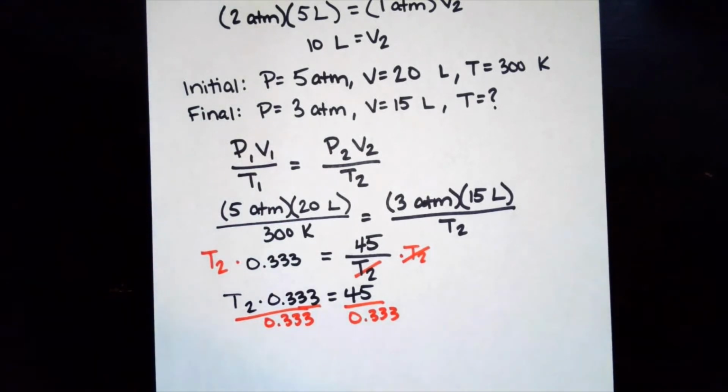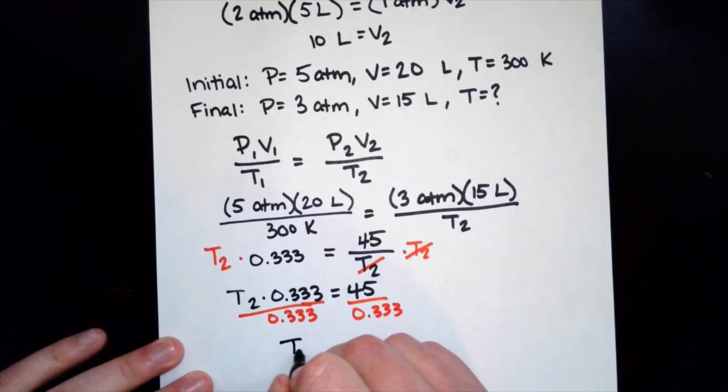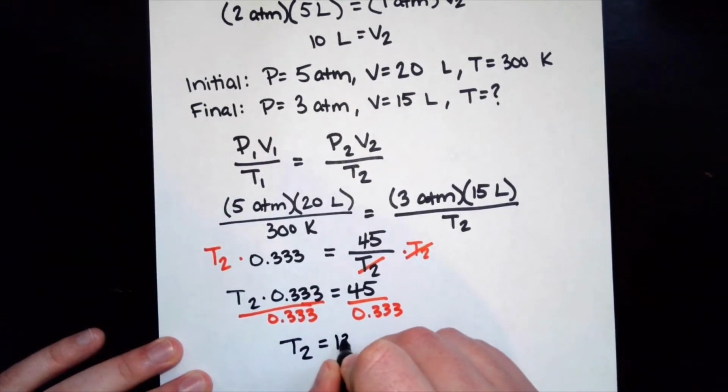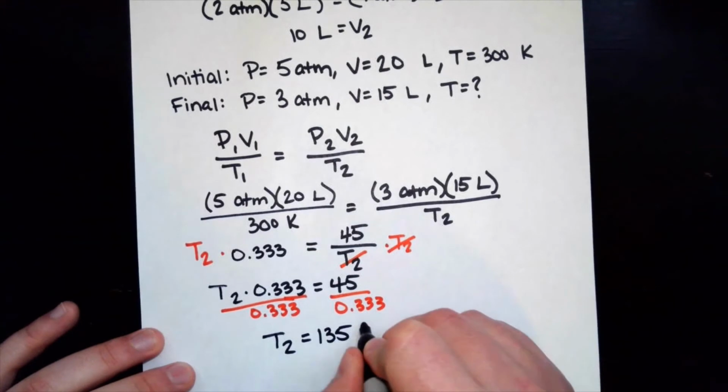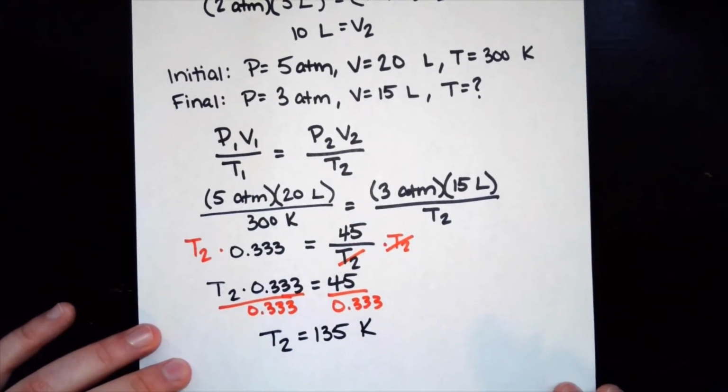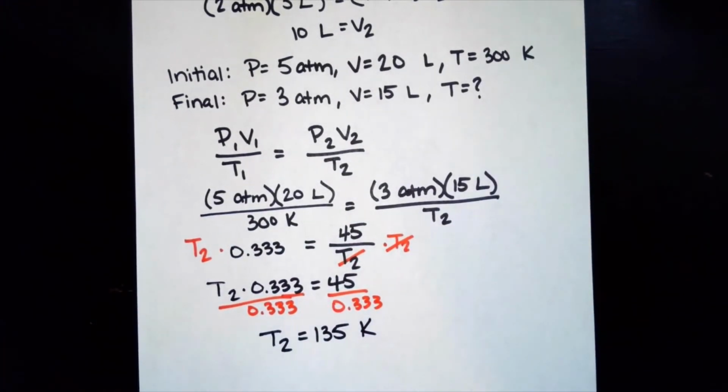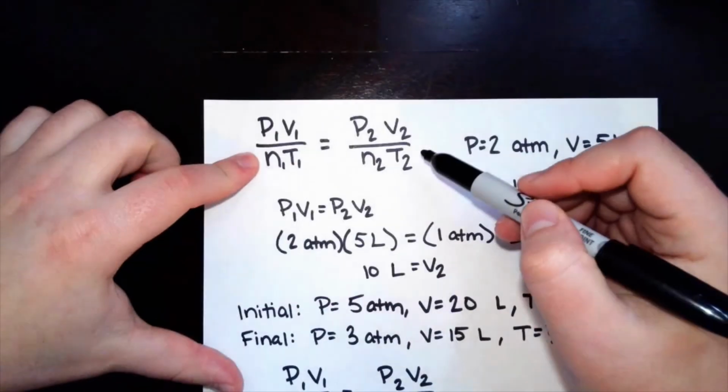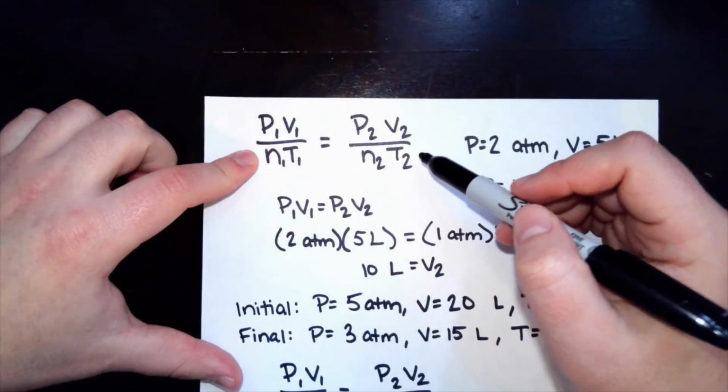That would be in Kelvin still, and that would be our final answer. And again, anytime you have changing conditions, this is just the way you're going to be able to solve it. Again, just pick out whichever variables are actually being used.